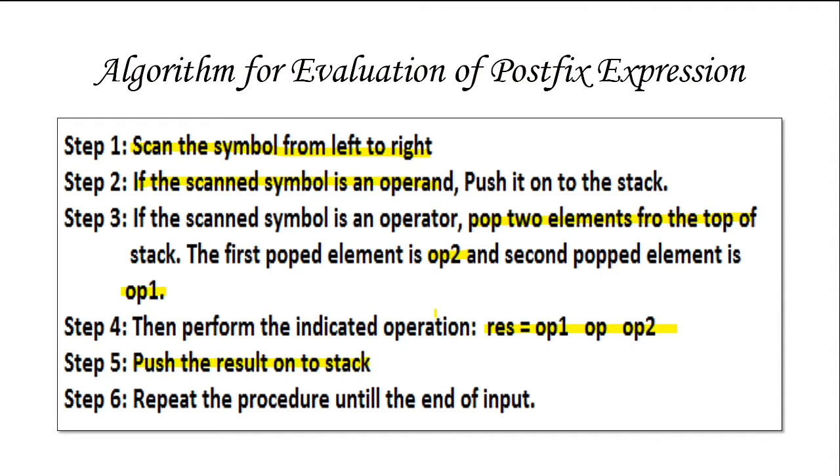Let us go for an example that will make everything clear. Evaluate the following postfix expression for A equal to 1, B equal to 2 and C equal to 3. The expression given is ABC plus star CBA minus plus star.